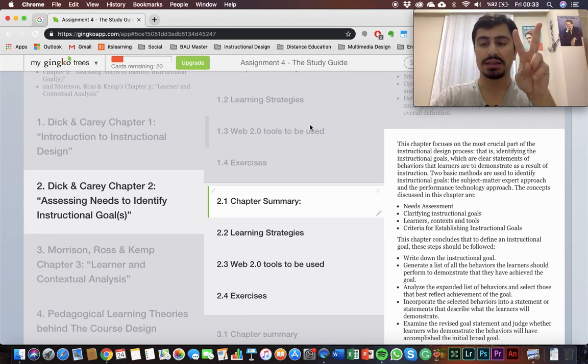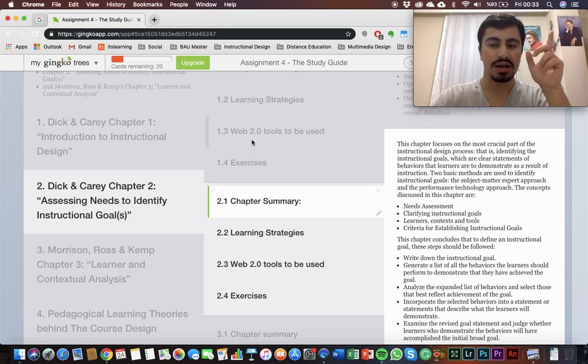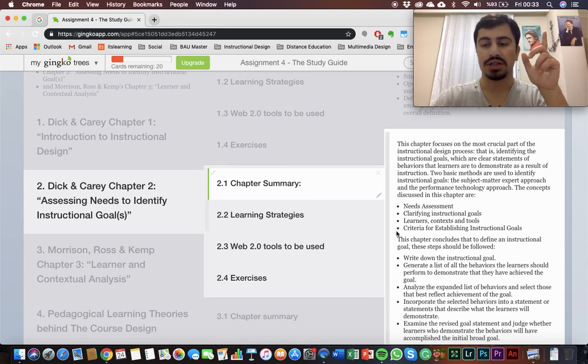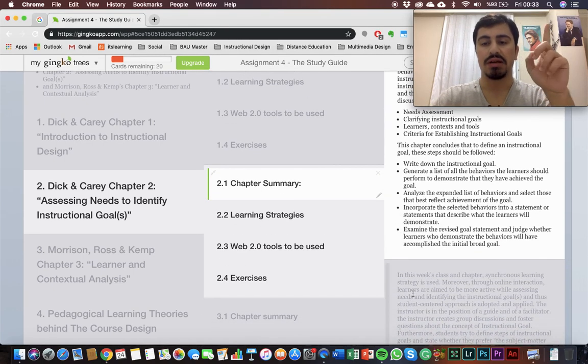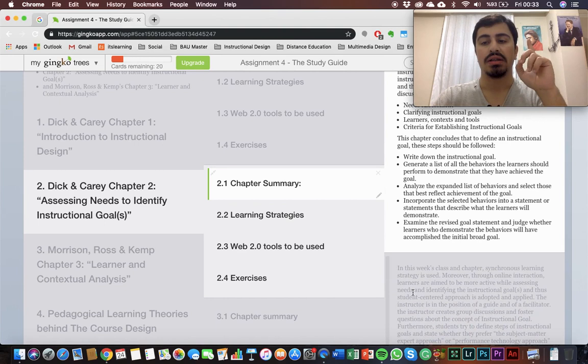Two basic methods are used to identify instructional goals: the subject matter expert approach and the performance technology approach. The concepts discussed in this chapter are needs assessment, clarifying instructional goals, learners' context and tools, and criteria for establishing instructional goals.